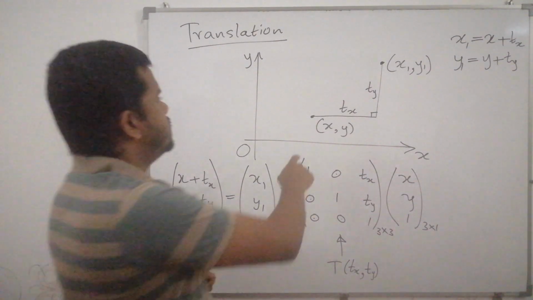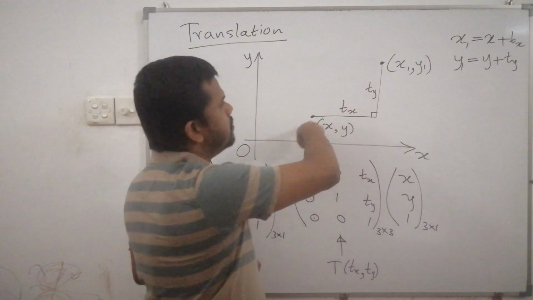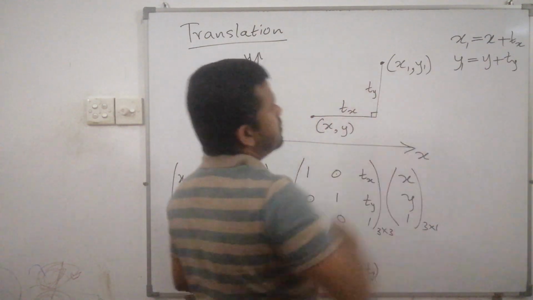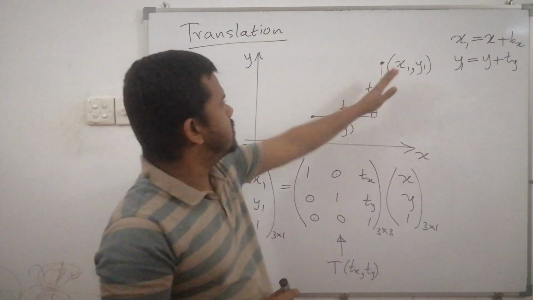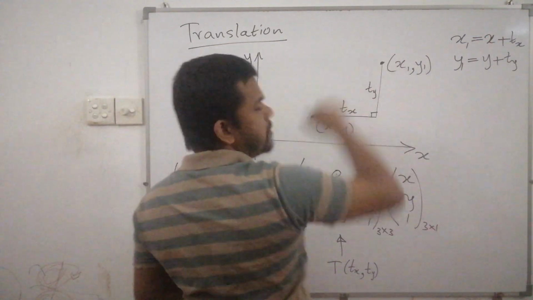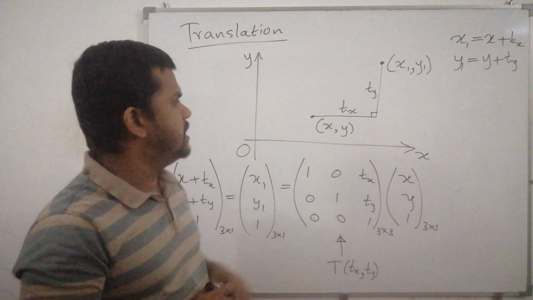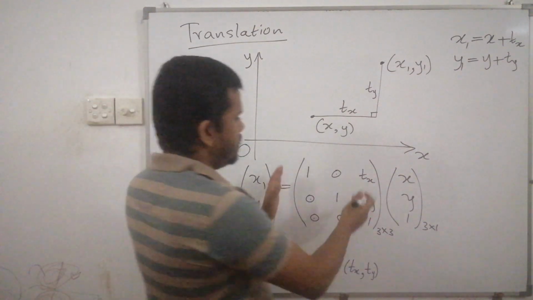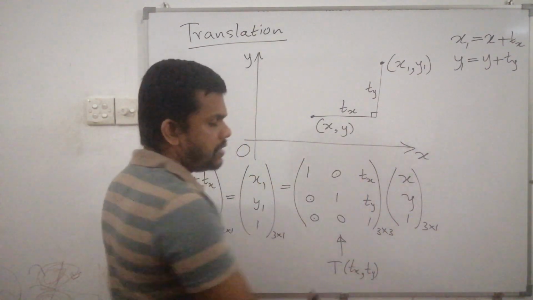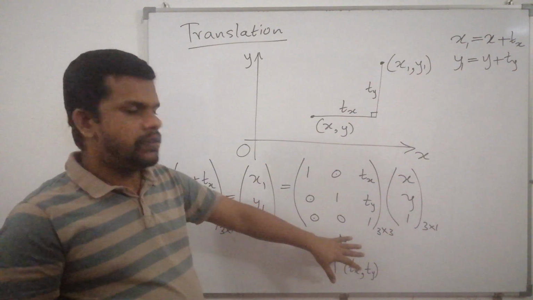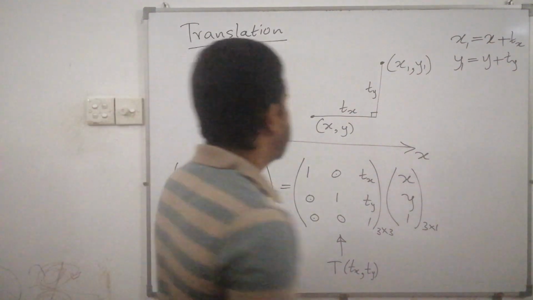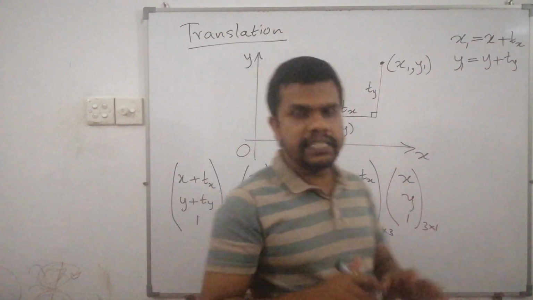So now if this point moves to this position like this, this transformation we call a translation, and this is the corresponding matrix for translation. Now let's look at scaling.